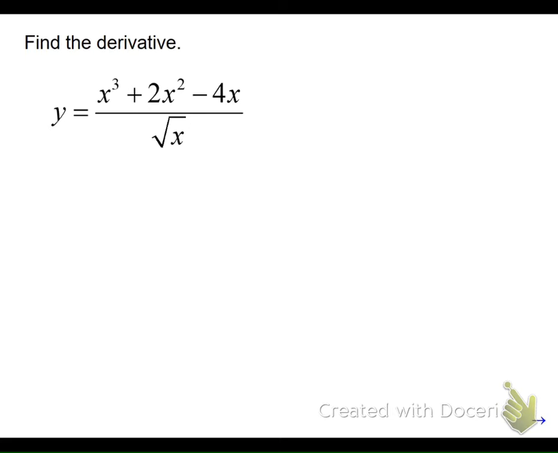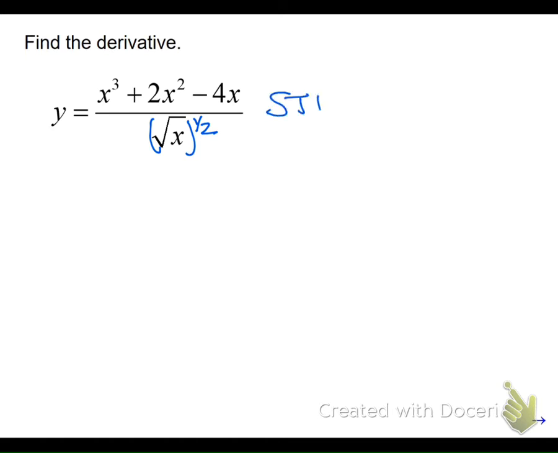Well, the key is to rewrite it before you get started. As you know, the square root of x is the same as x to the 1/2 power. So this is x to the 1/2 power. But that still doesn't help me do a power rule. The key with this is to split it up. I call this an STD.